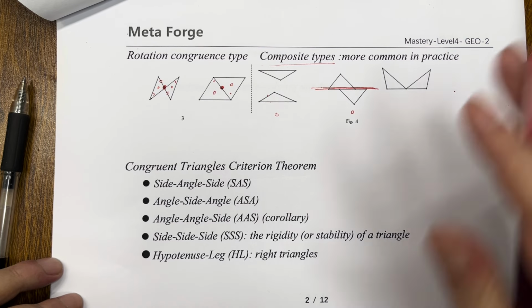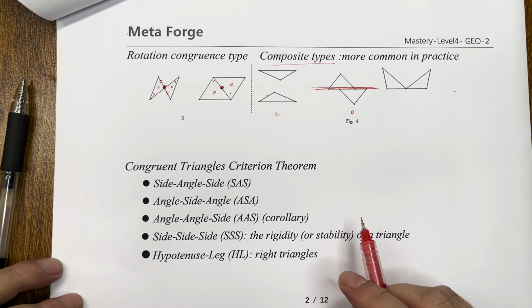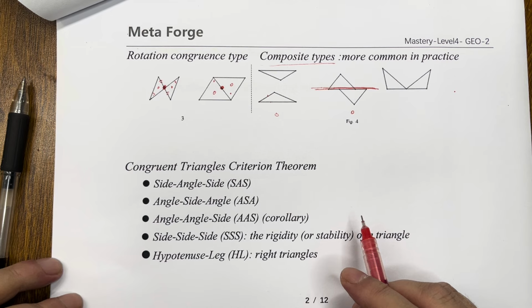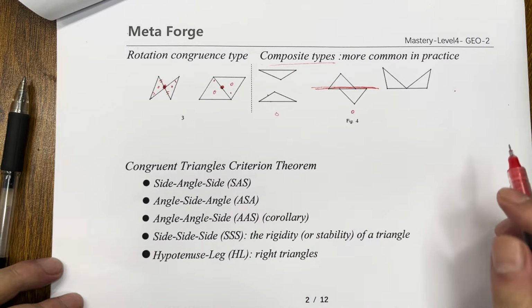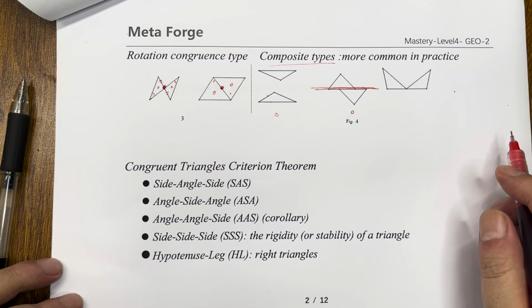Only knowing the congruent type is not enough to rigorously prove two triangles are congruent.